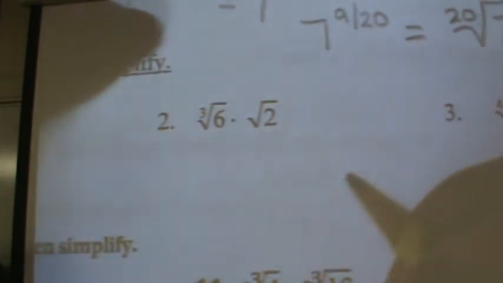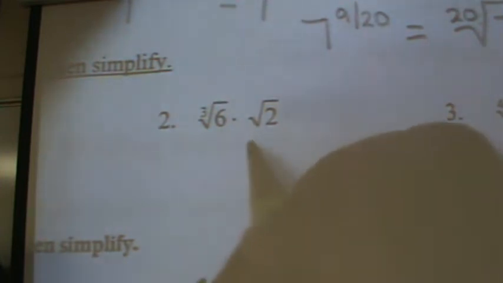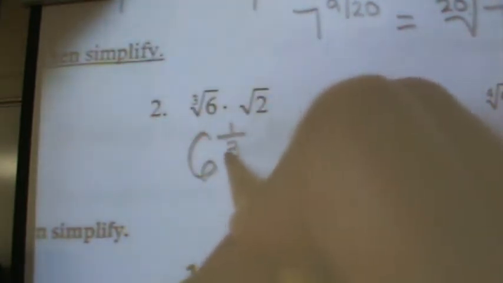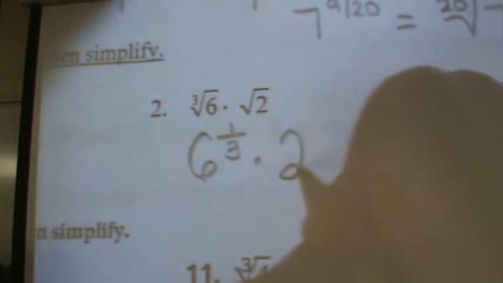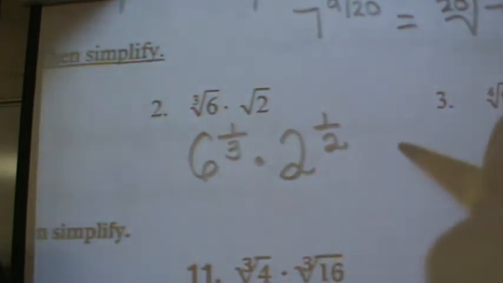Can you do this problem? You can? What would you do? How do you rewrite this? Okay, can you read that rule to me? Let's go back to this rule.